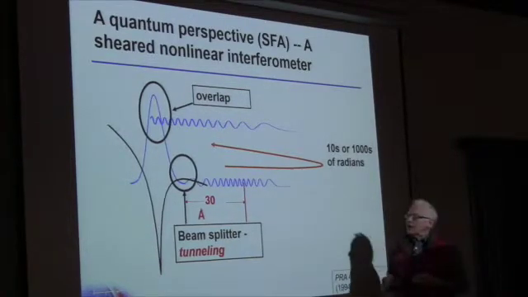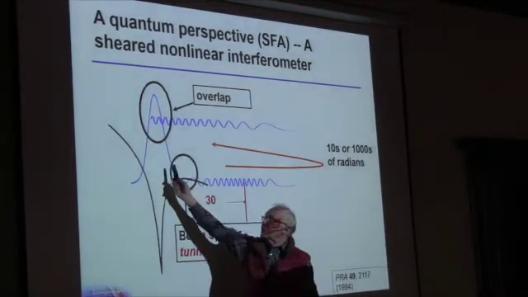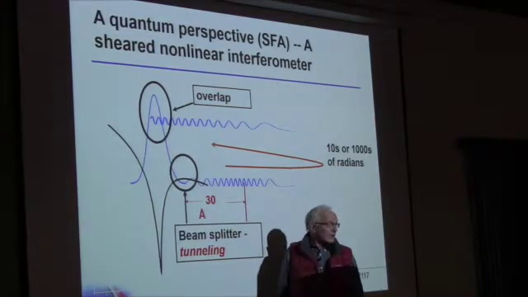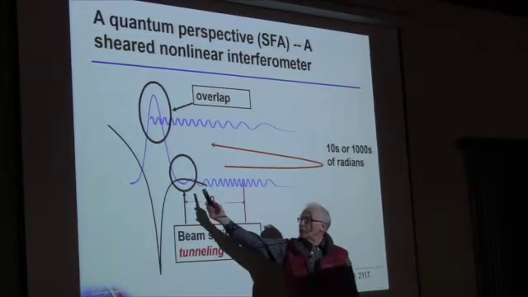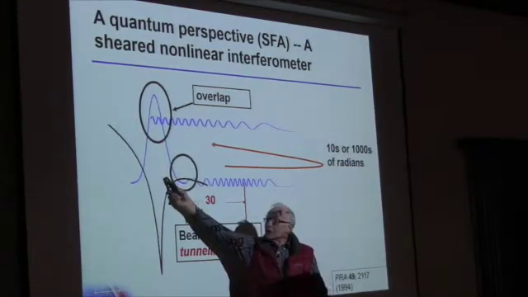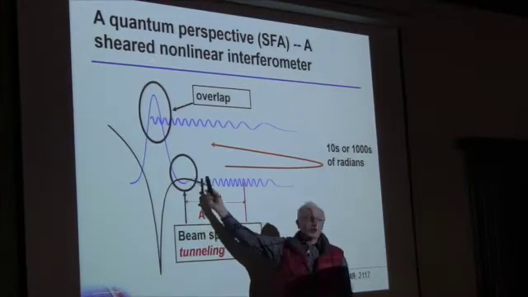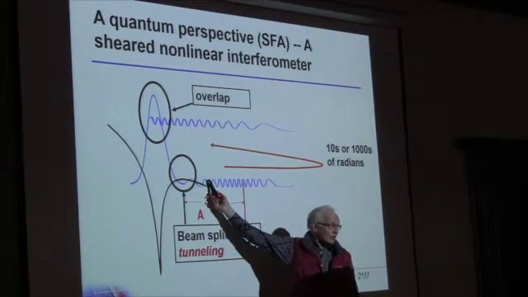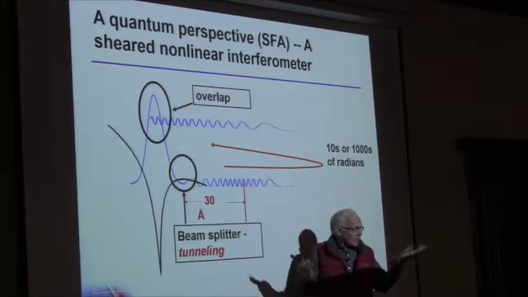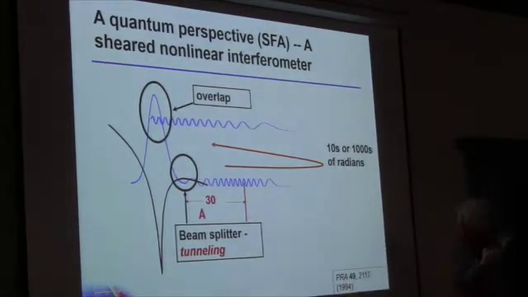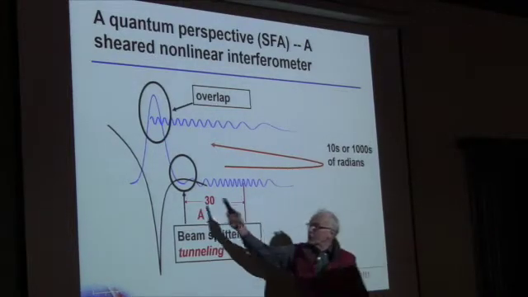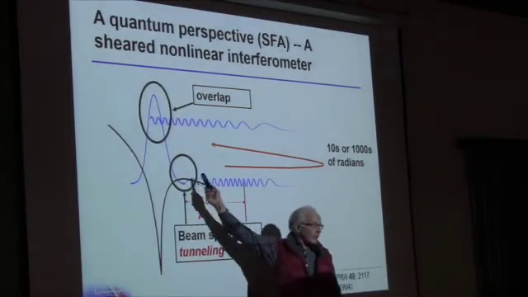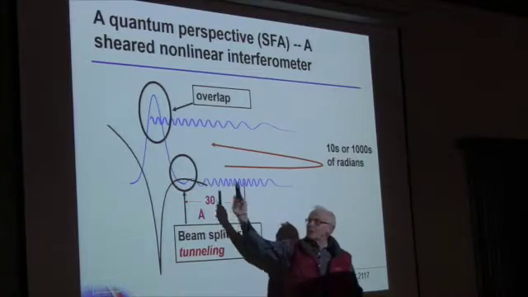You have a bound electron, now a wave function. The electron splits, creating an electron left in the ground state, plus an electron wave packet in the continuum. That tunneling is fine. That's a quantum mechanical effect intrinsically. The electron, of course, is phase related because it tunnels from the ground state out to the continuum.